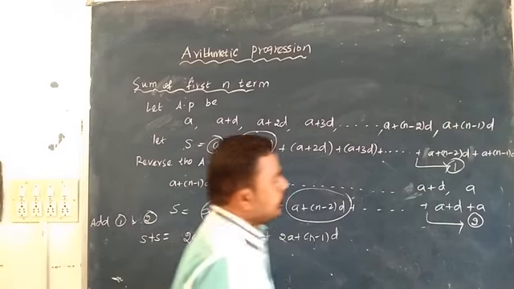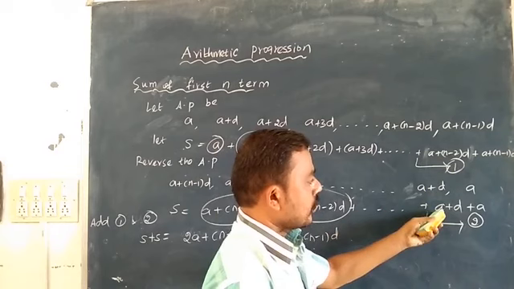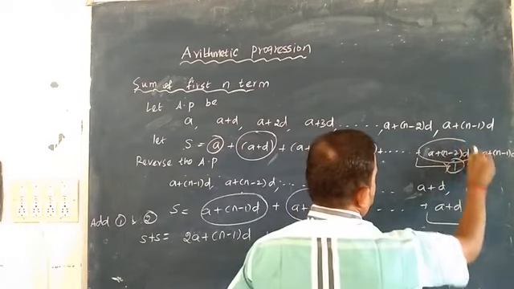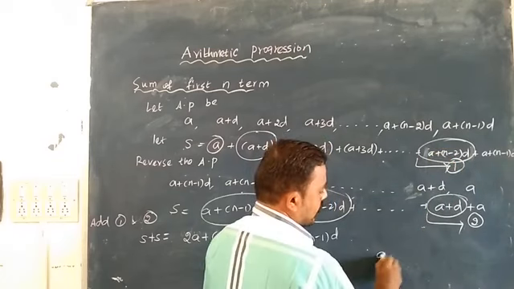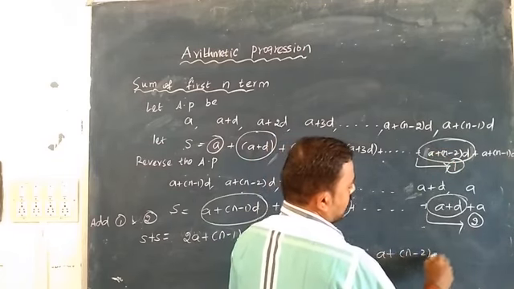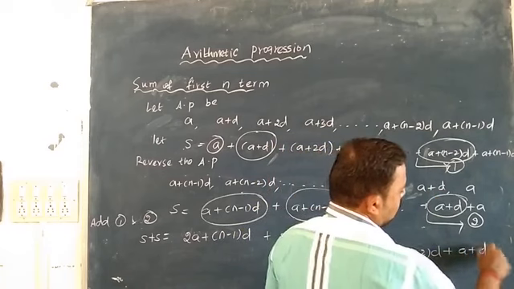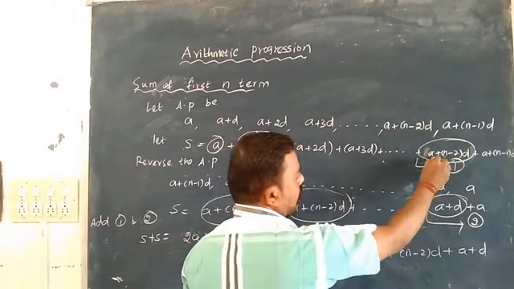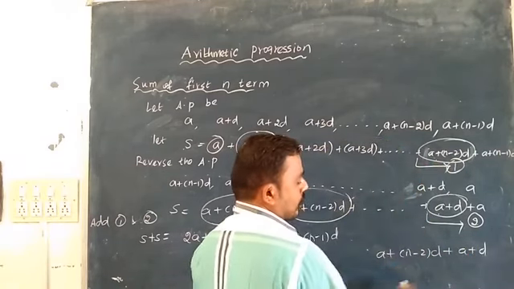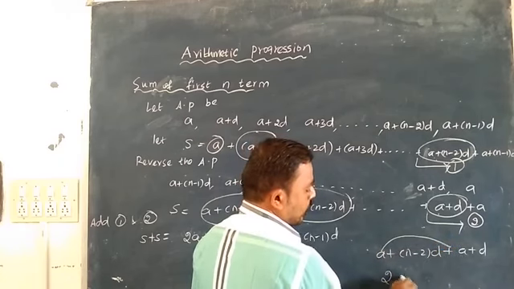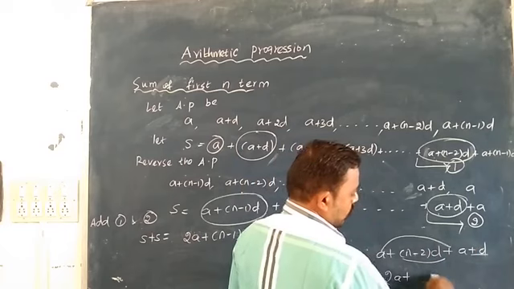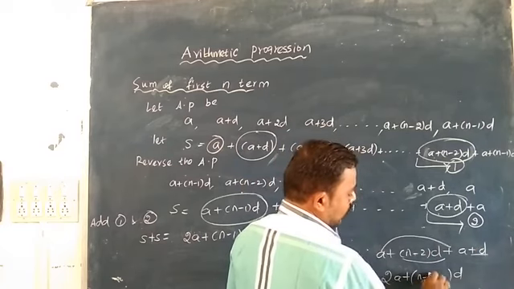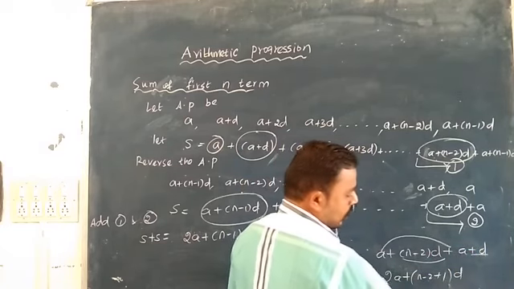Then come to the last: A plus (n minus 1) and (n minus 2) D, A plus D. A plus A, that is A plus (n minus 2) into D plus A plus D. Addition of these two numbers. So A and A like that, so 2A. Here D is common now. So D into here (n minus 2), here your number 1.